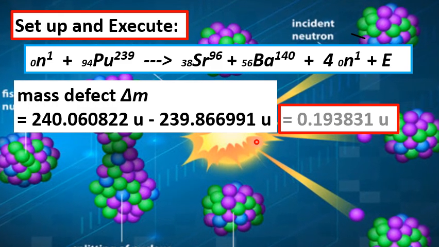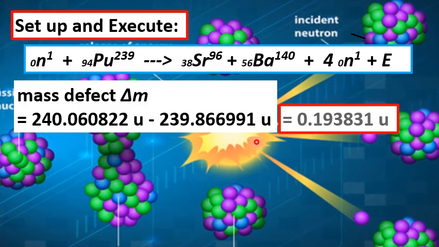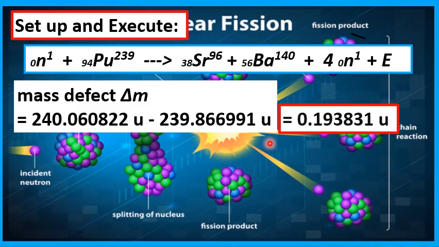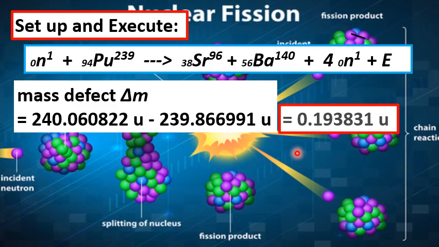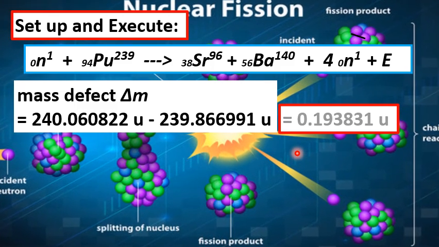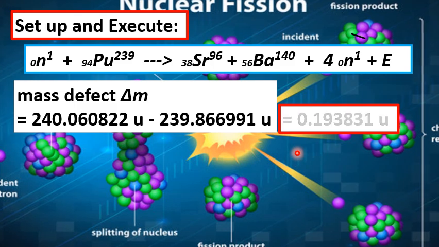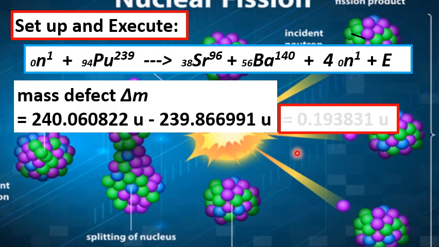Having a mass defect delta M in a nuclear fission reaction obeys Euclid's famous rule, which states that the whole is always greater than the sum of its parts.